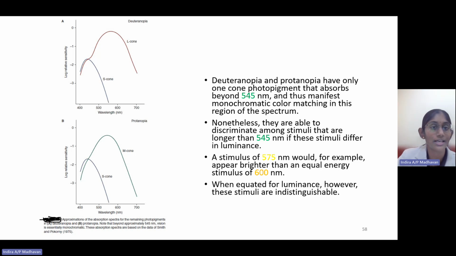So whatever is beyond that 545 is going to be difficult for them because they only have one photopigment in that range. Whatever comes after that is going to be difficult for them. The same applies for the blue-yellow defect also, which was already explained just now.